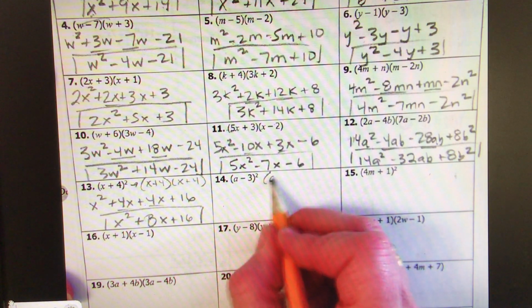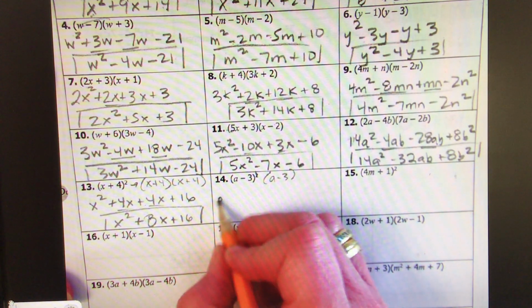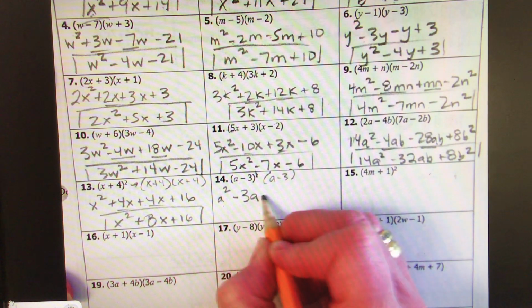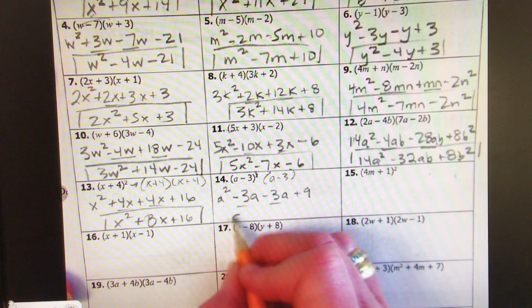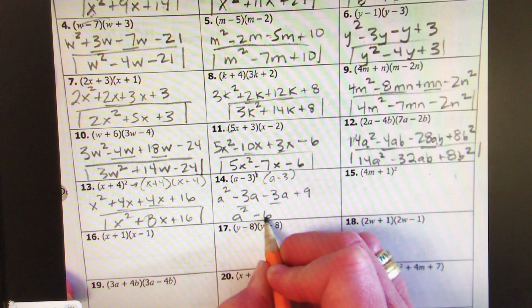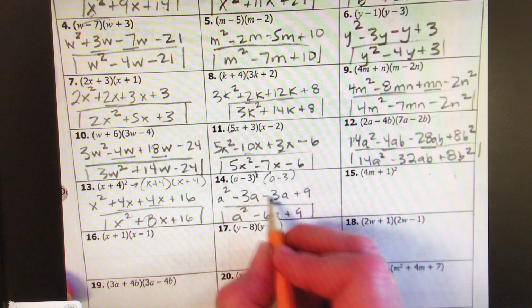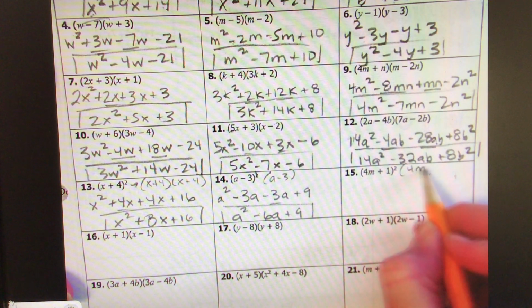I'm going to rewrite this too. I've got a squared. I've got minus 3a plus 9. I get to combine. I've got a squared minus 6a plus 9. Negative 3 plus negative 3 equals negative 6.